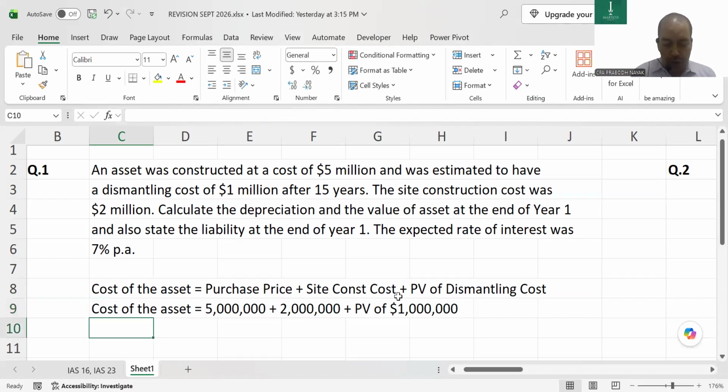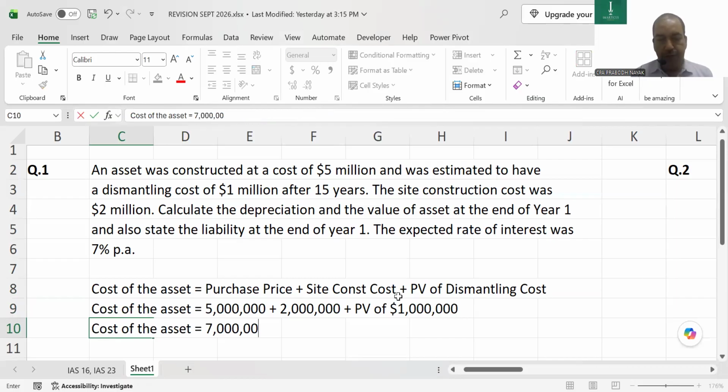So cost of the asset is equal to 5 plus 2, $7 million, plus present value of $1 million. How to write that? $1 million into present value.